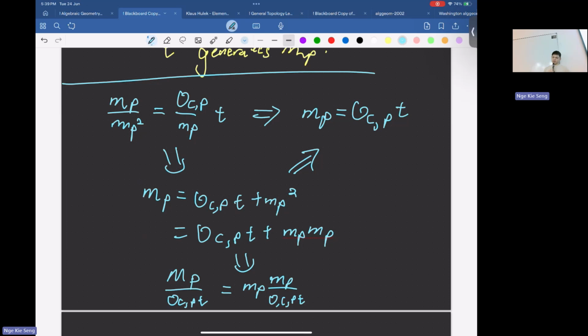You have an ideal quotient by another ideal, multiplied by an ideal. What if I go a bit further and rewrite it as B equals MP times B? What does this look like?